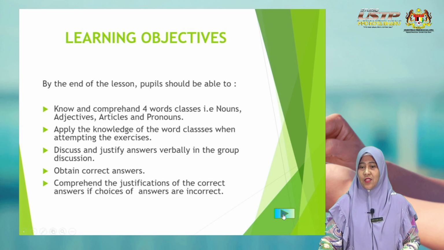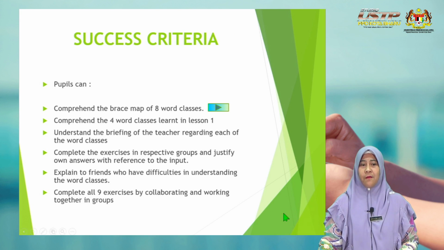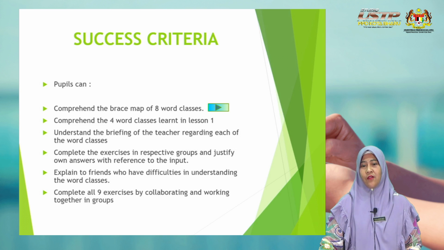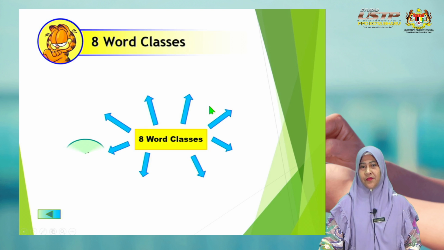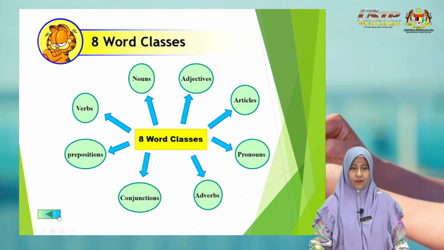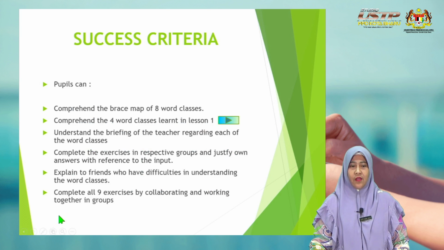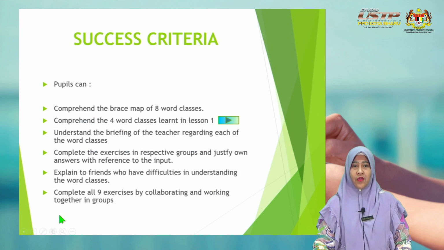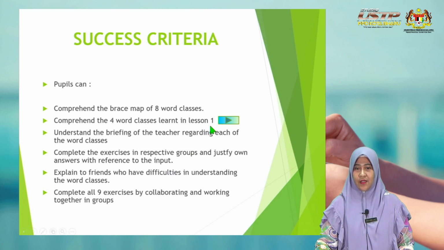And the success criteria: pupils can comprehend the brace map of 8 word classes. Okay, the second success criteria, pupils can comprehend the 4 word classes learned in Lesson 1.